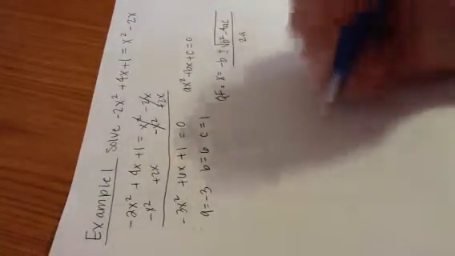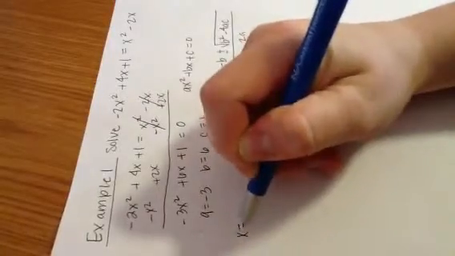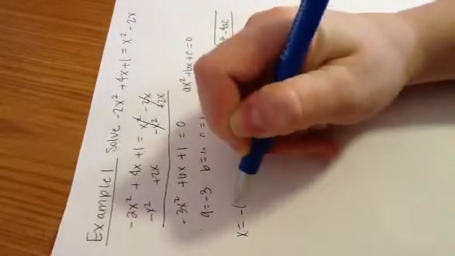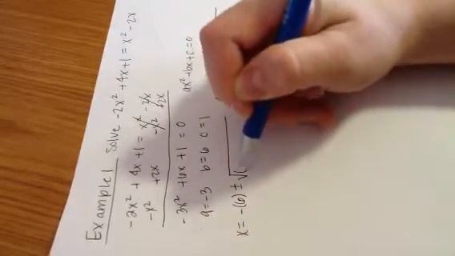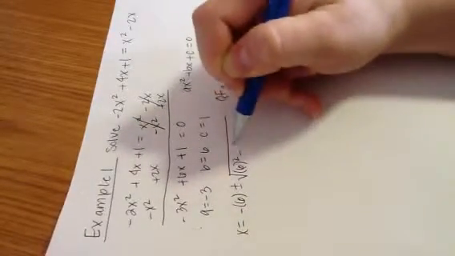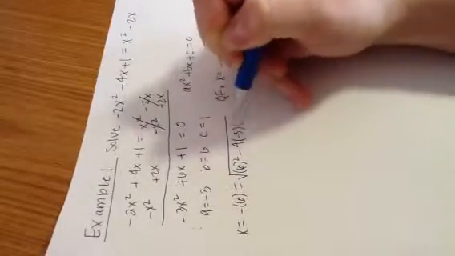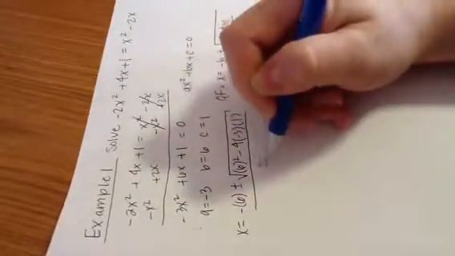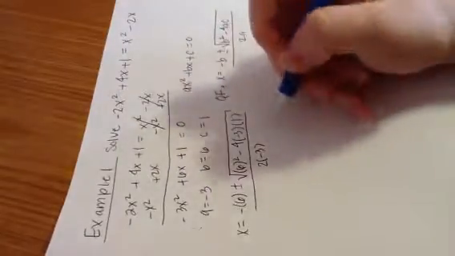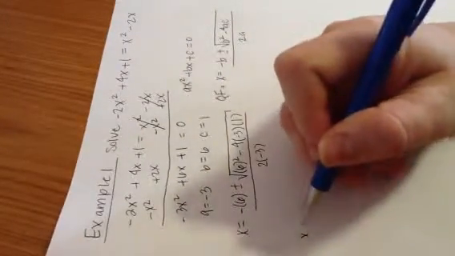So let's go plug that in real quick. So we have x is equal to negative b, so negative 6 plus or minus the square root of b squared minus 4ac all over 2 times a. Now we're just going to go ahead and do some simplifying.